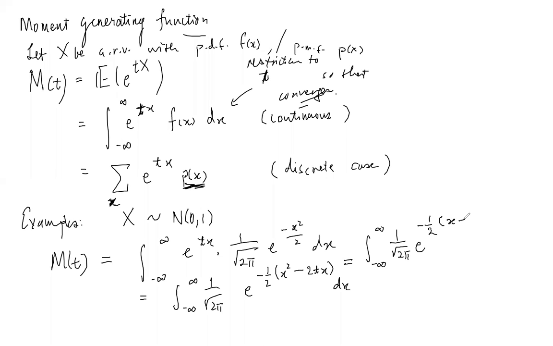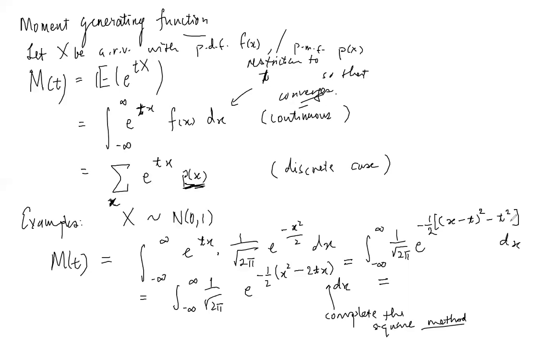So this will be (x minus t) squared. You square this and expand it, you will get this term minus 2tx, but then you will get an extra term, which is t squared, so you cancel off the t squared. This is the completing the square method, a very basic method for working with quadratic forms, right?